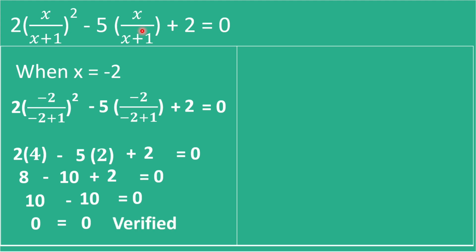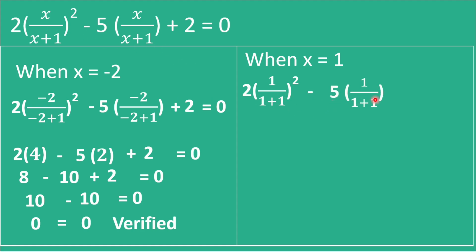Now let's check it for x equal to 1. So now we will put x equal to 1 in this given question. Then we will have this equation, and now here this will become 1 divided by 2, and the square of 1 divided by 2 equals 1 divided by 4.